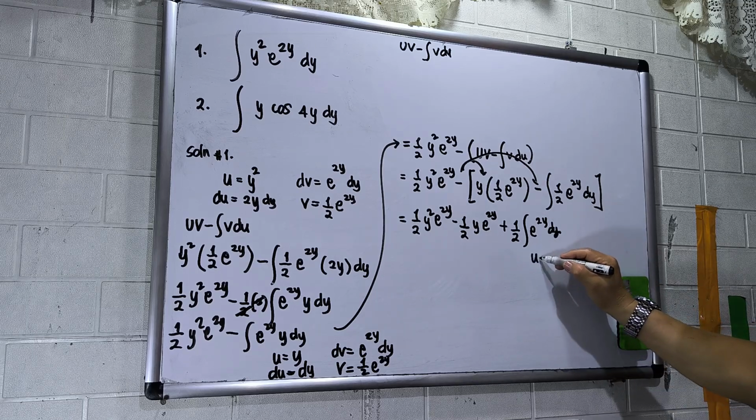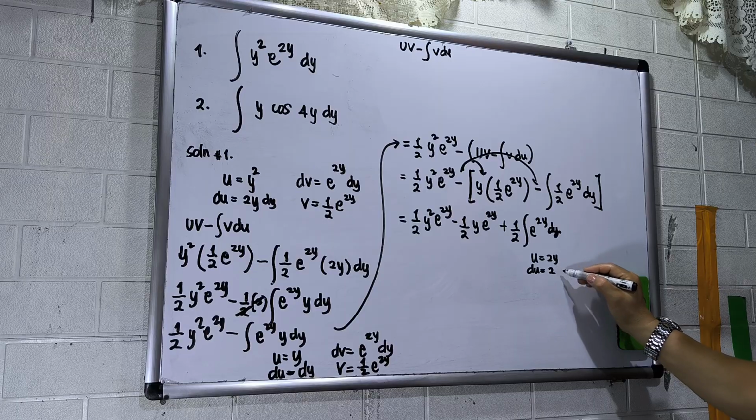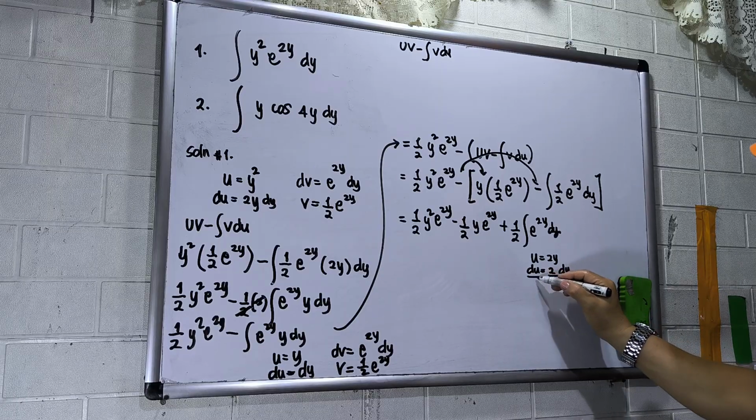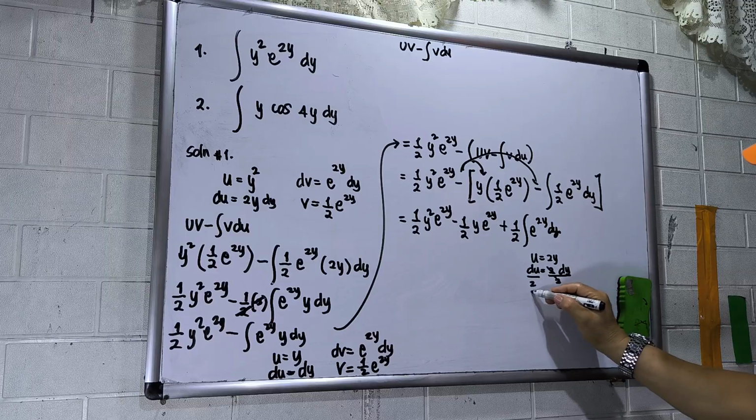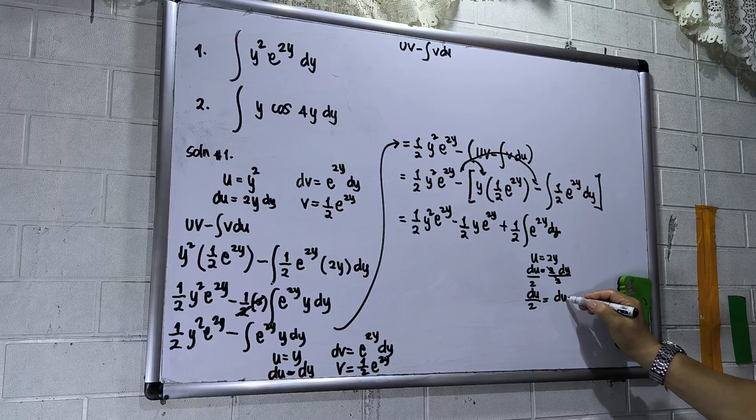So let u be 2y. Then du will be 2 dy. Dividing by 2 both sides, cross out 2, so I have now du over 2 is equal to dy.